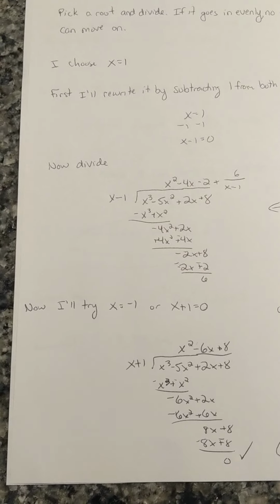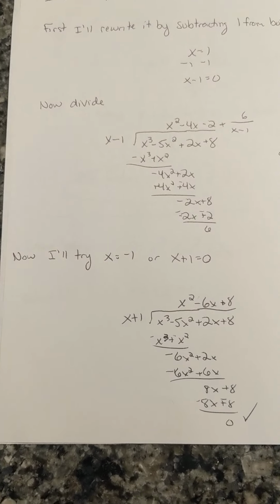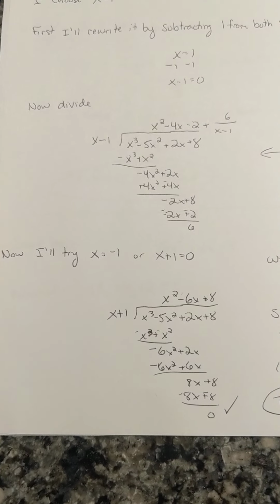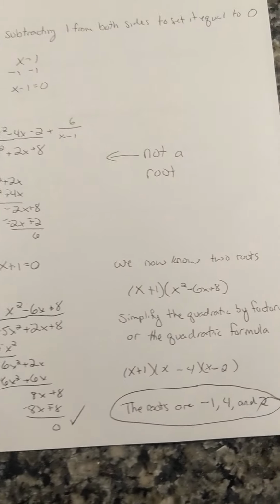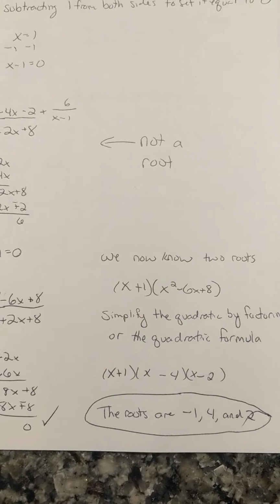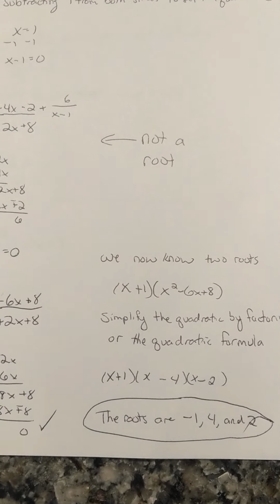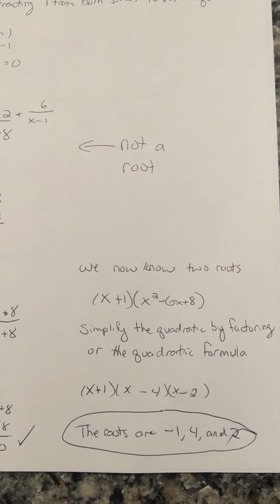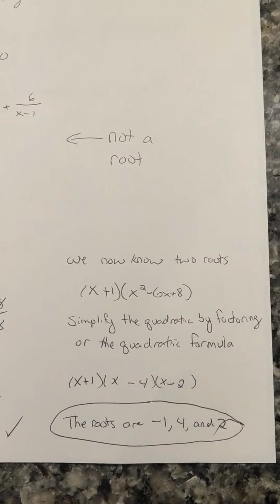So now I'm going to try negative 1, or x plus 1. And then as you can see, down here at the bottom, my remainder is 0. So therefore, I know that I have 2 roots currently, x plus 1, and then my quotient, x squared minus 6x plus 8.